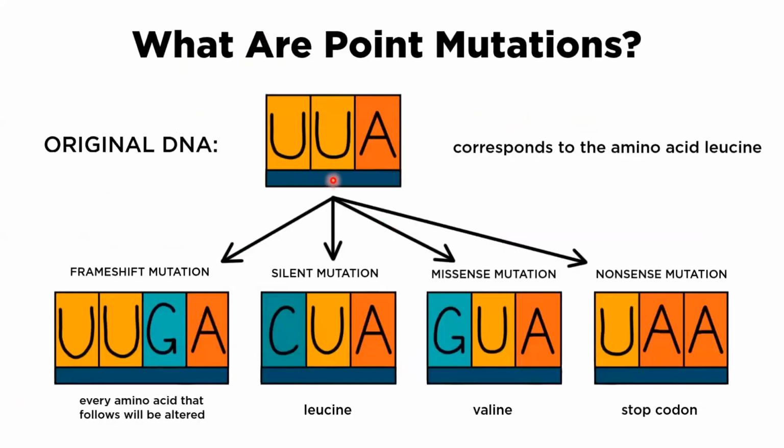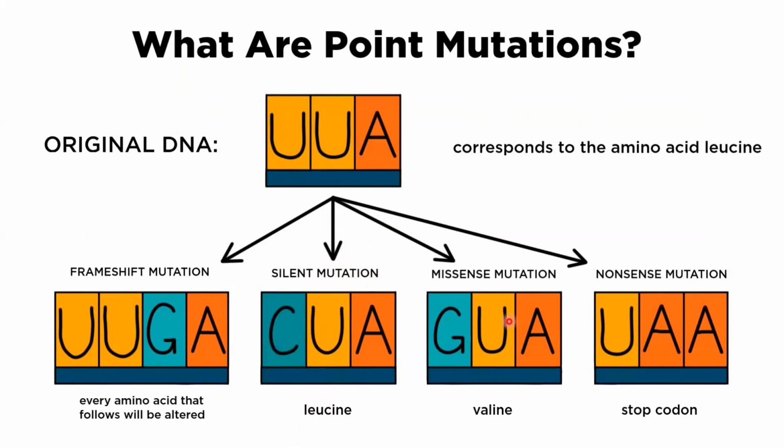Okay. Similarly, there are other types of point mutations, and these are called point mutations because one point is being changed, not the entire thing. So again, look at this silent mutation. We had UUA for leucine, and we got a C replacing the U, but it's still coding for leucine, so a silent mutation.